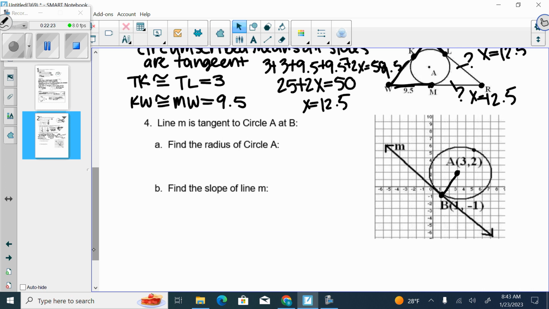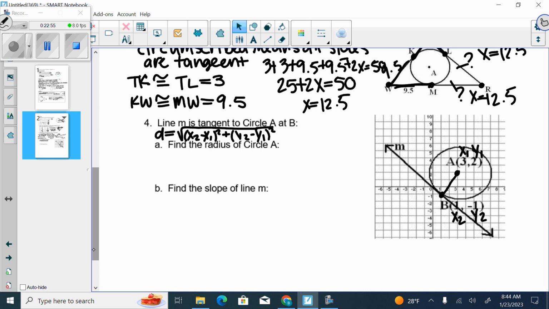Distance formula, right. So just remember our distance formula is the square root of x2 minus x1 squared plus y2 minus y1 squared, where these points over here are x1, y1, and x2, y2. All right, so we'll make A our x1, y1, and we'll make B our x2, y2.